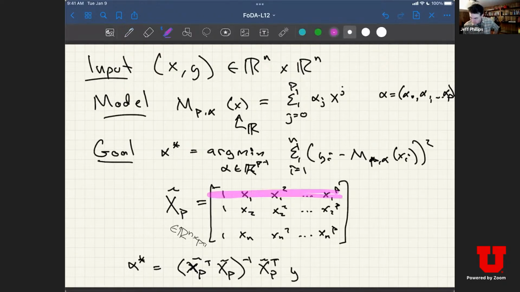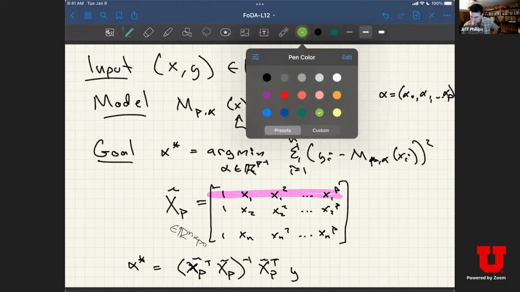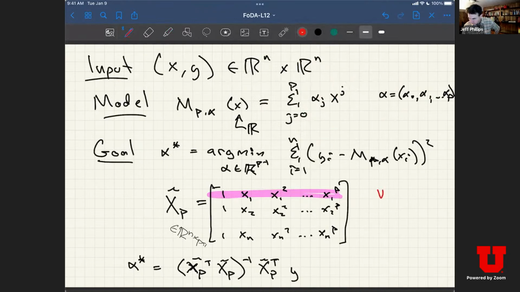This will be some data point v1, which is in R^(p+1), and this will be v2, which will also be in R^(p+1), right? So I've taken these one-dimensional data points and turned them into high-dimensional data points.